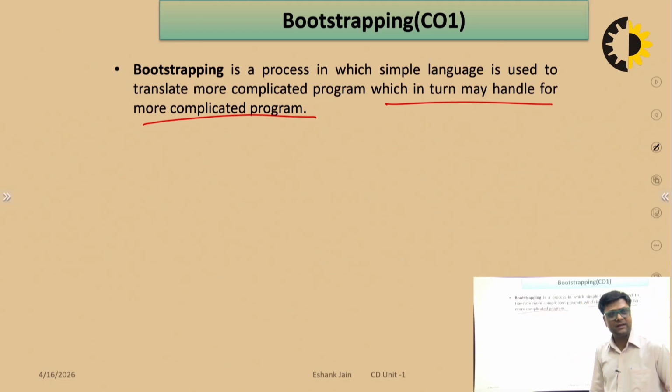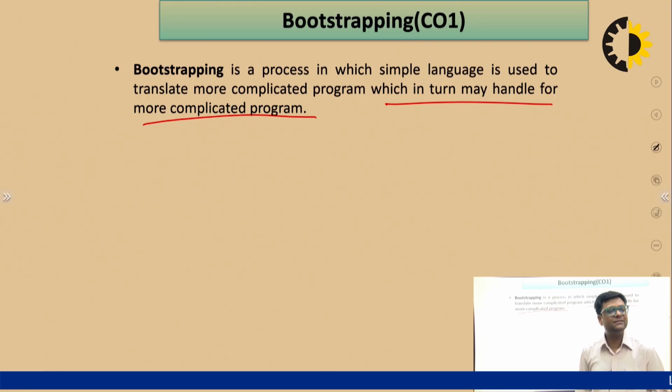Suppose we have a source language that runs on a machine that does not provide the output required by the user. So we can run this type of language on another machine and generate the required output that is required by the user. That is known as bootstrapping.